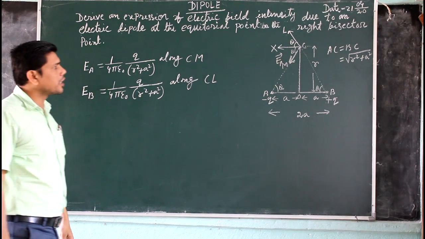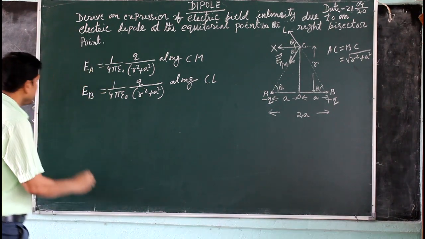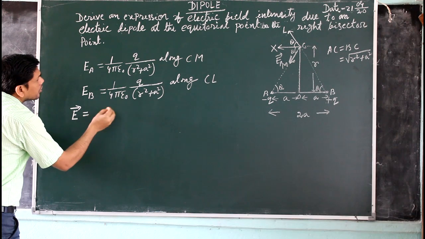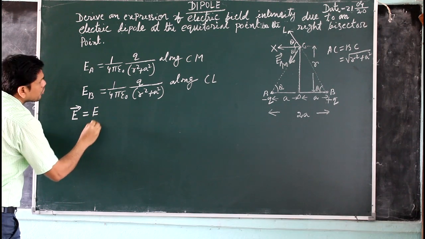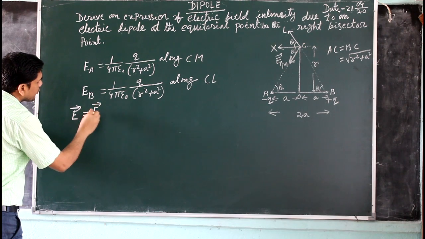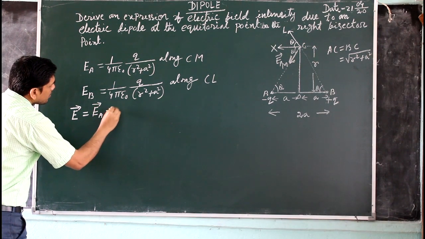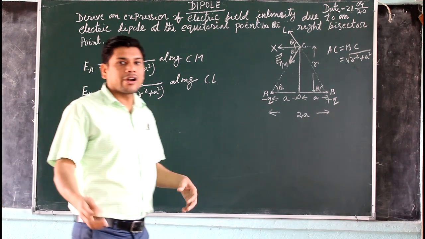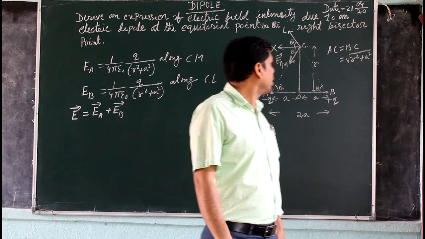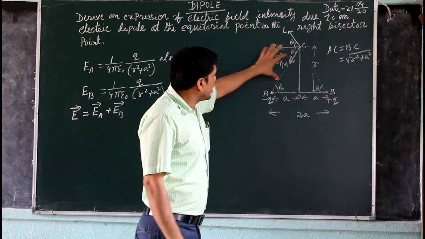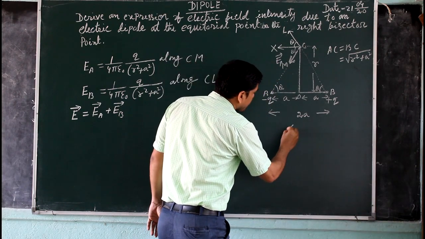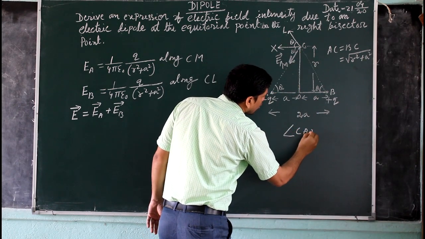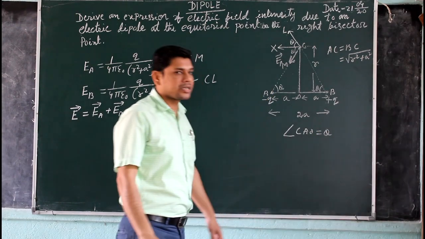So if the resultant electric field is denoted by vector E, then by using the superposition principle, the resultant electric field E equals vector EA plus vector EB. There are different ways we can find the resultant electric field; I am using the simple form. Here we have considered the angle CAO, this angle, to be theta.